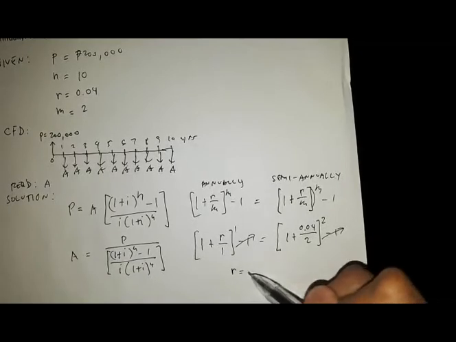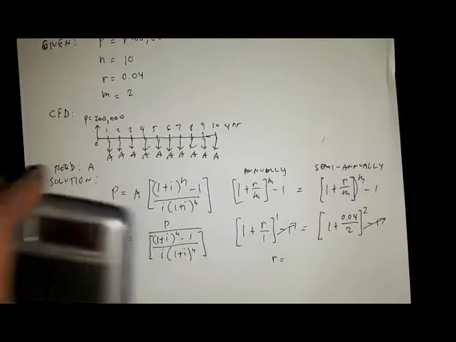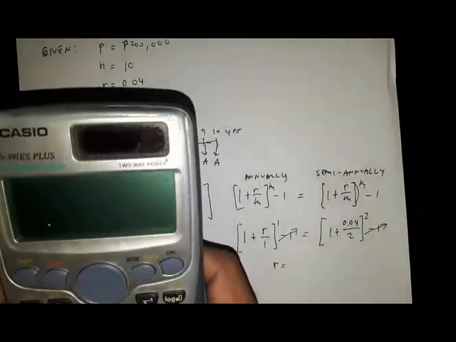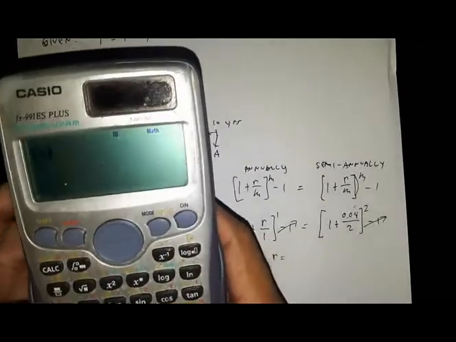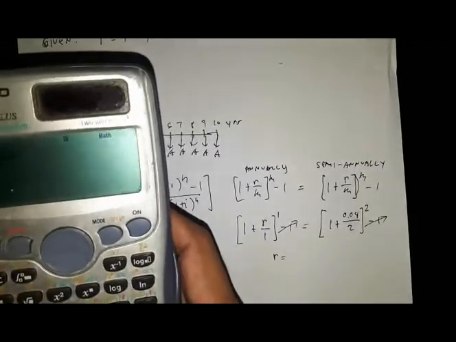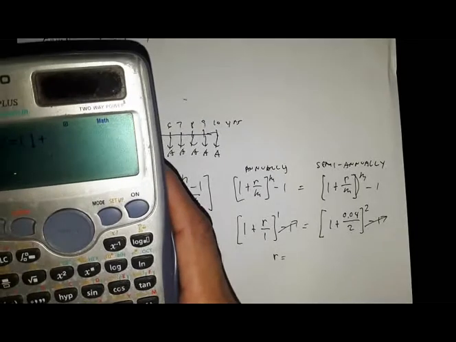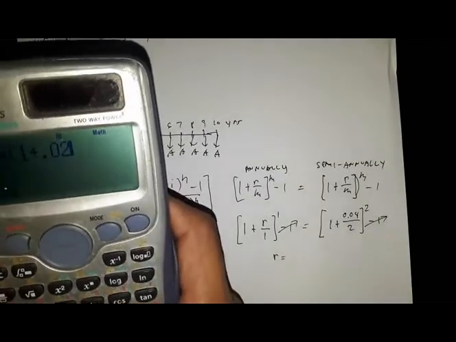So your value of the nominal rate is equal to, so we have 1 plus the nominal rate annually equals (1 plus 0.04 over 2) squared, which is 0.02 squared. So solve for the value of x.